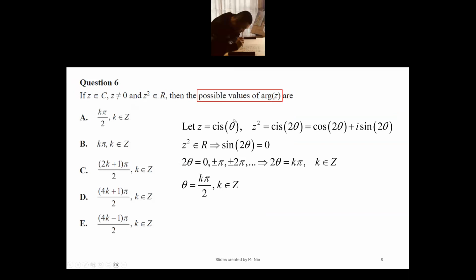In this case, if you use polar form, letting z equal r cis theta, using De Moivre's theorem, you get z squared equals r squared cis 2 theta, that is r squared times cosine 2 theta plus i sine 2 theta. Because this result is a real number, you need to equate the imaginary part to 0, and therefore you solve the trigonometric equation to get theta equals k pi over 2. So option A is the correct answer.